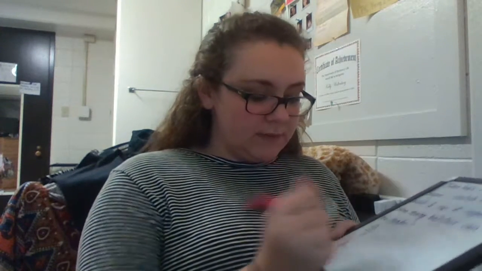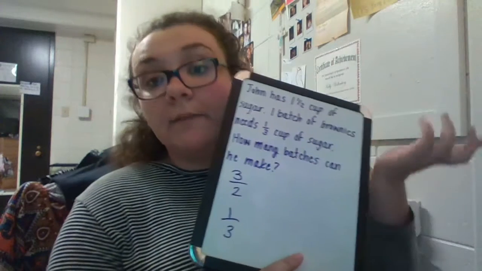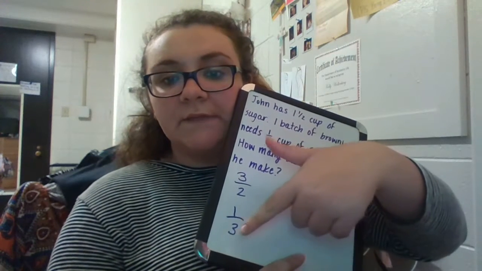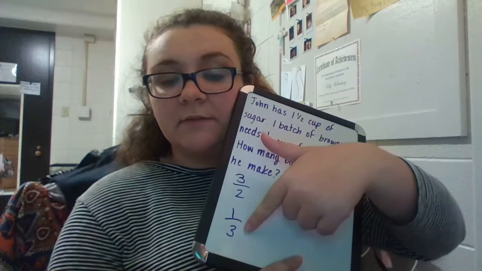So what we're going to do with these two numbers is we're going to try and find a common denominator. So what we can do is we can multiply these two by 2 and these two by 3.